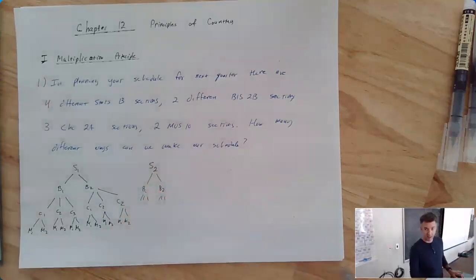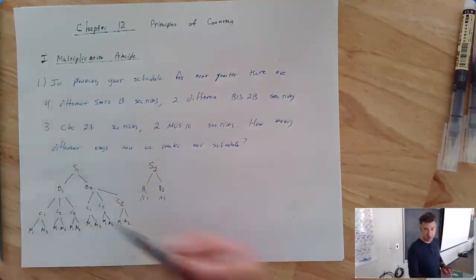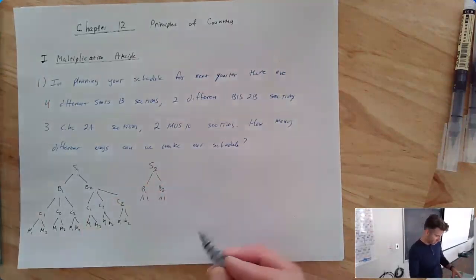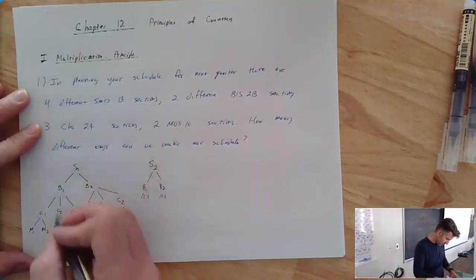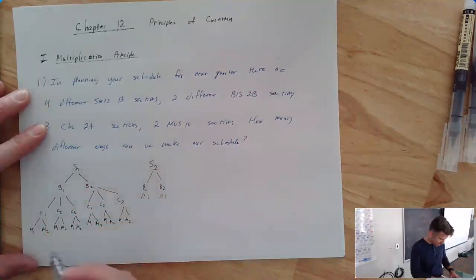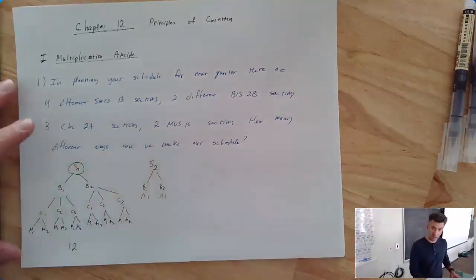So let's count them up. I'm looking at every branch of this tree I've drawn. I really have to count all the different endpoints. There's 1, 2, 3, 4, 5, 6, 7, 8, 9, 10, 11, 12 different possible schedules, just taking the first section of Stats 13.